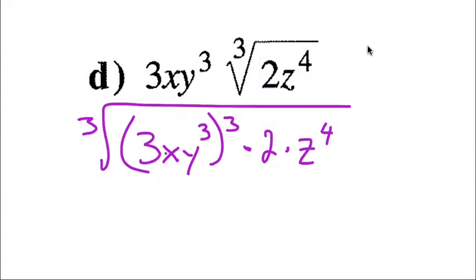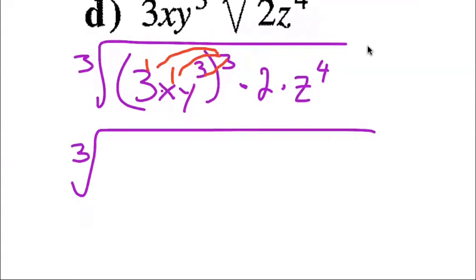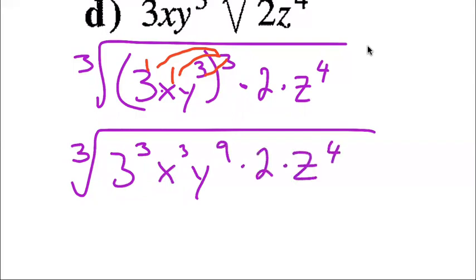Now, power to a power tells me that I have to multiply this power to this 1 that's here that's never written, to this 1 that's here that's never written, and to this 3. So this now simplifies to 3 cubed x cubed y to the 9th times 2 times z to the 4th.